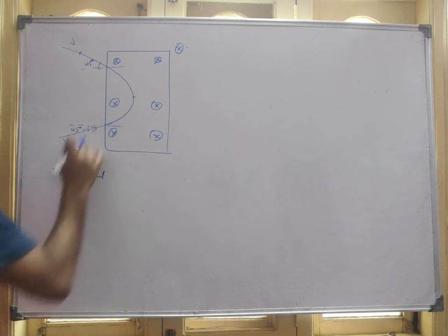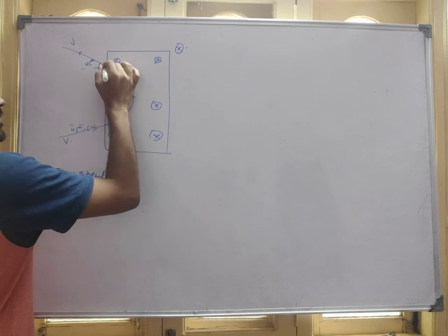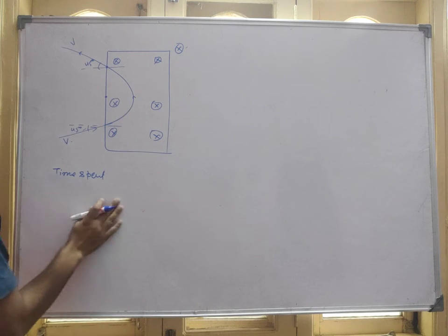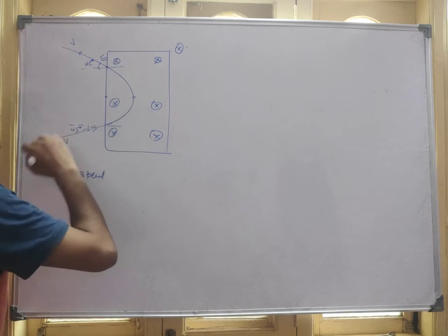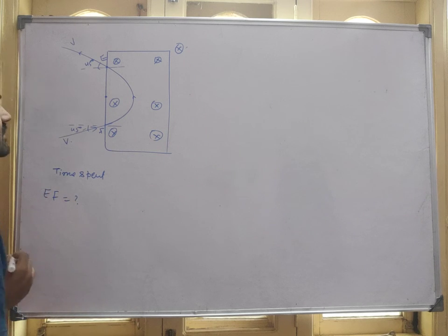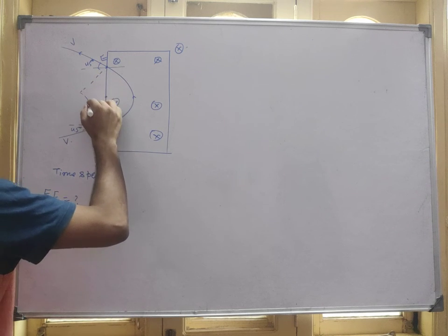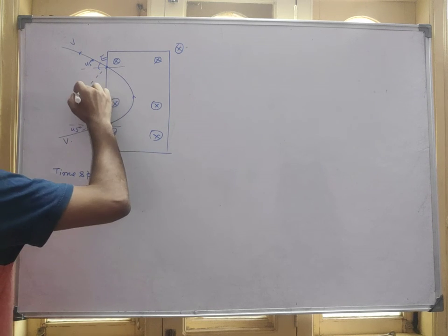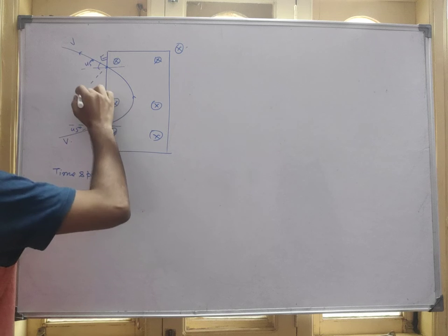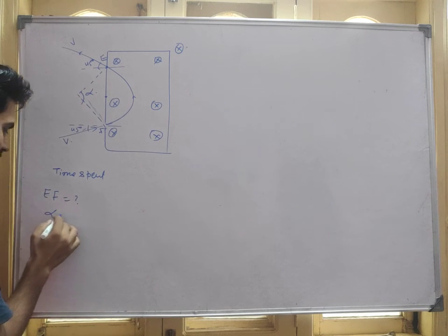Time spent here to here. And you have to tell me what is this distance, let's say EF. What is EF? And what is this angle? This angle you have to tell me, like it is alpha. What is alpha?